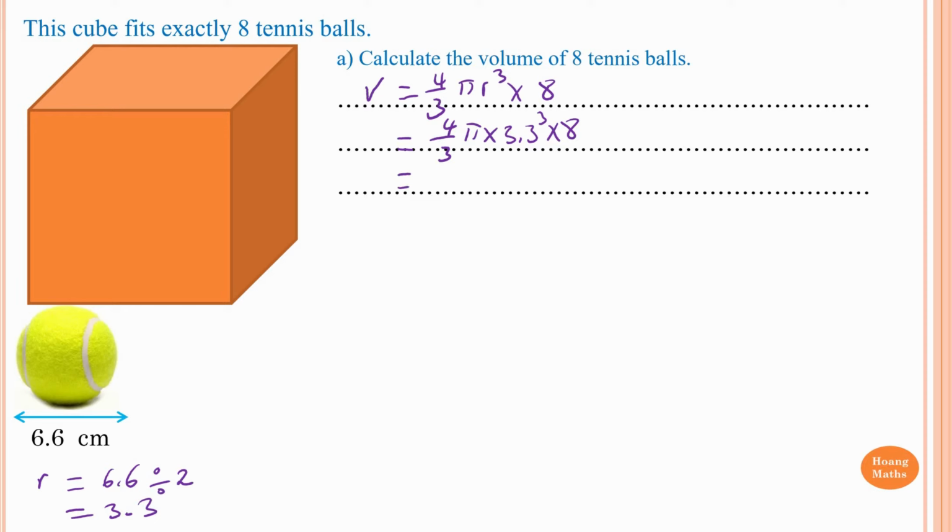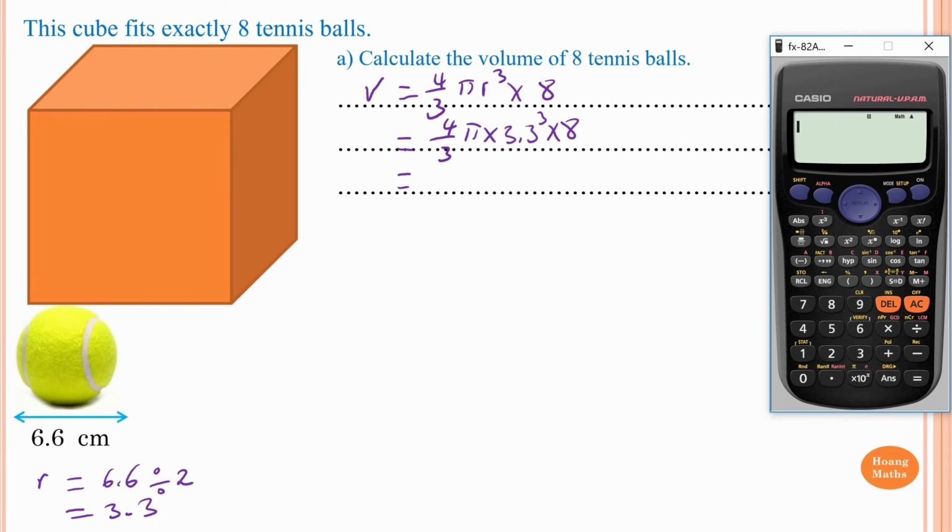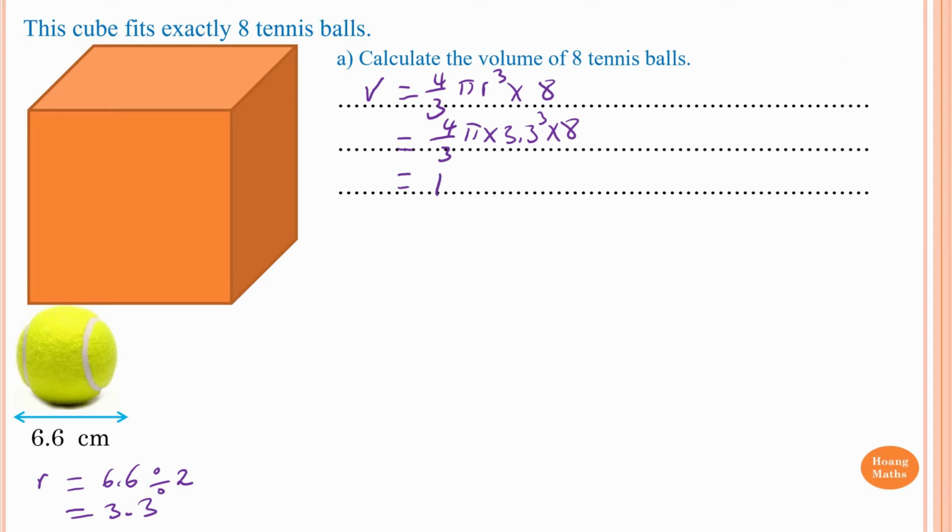So I just put that in a calculator. 4 over 3 times pi times 3.3 cubed and times 8. So that is 1204.26. I round to 2 decimal places, so 1204.26 cubic centimeters.